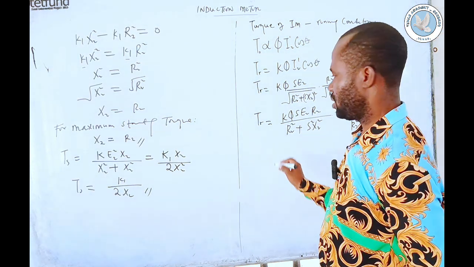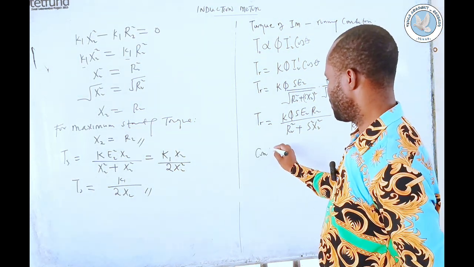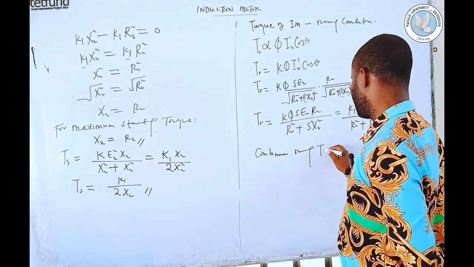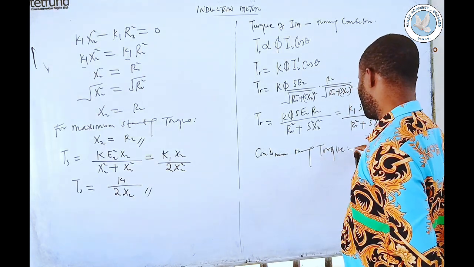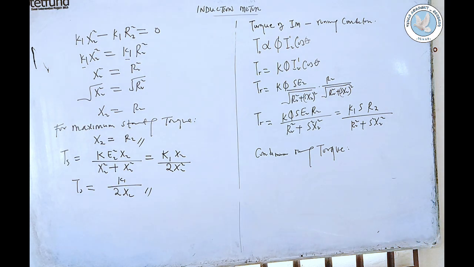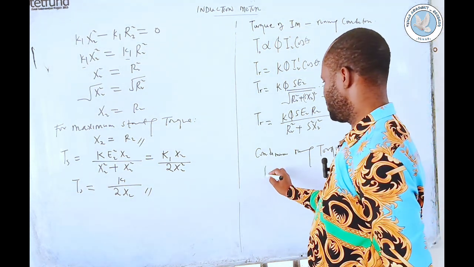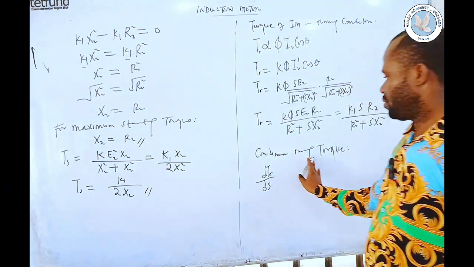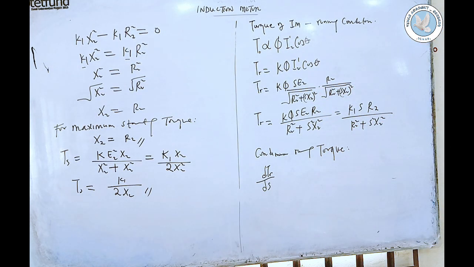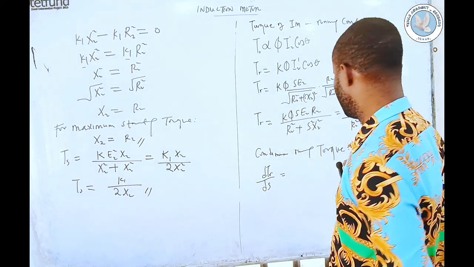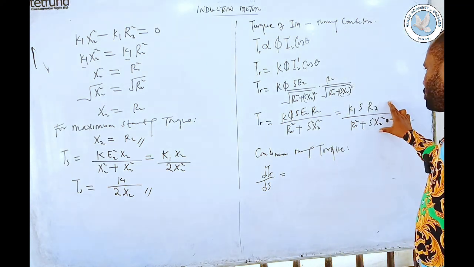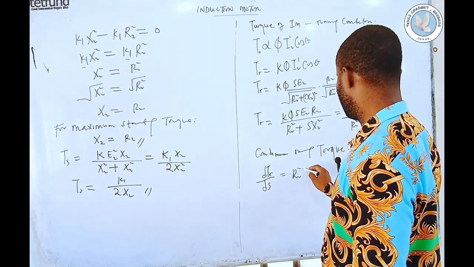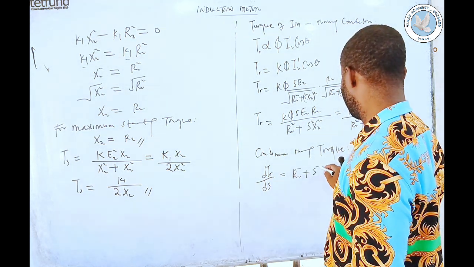So let's look at the condition for maximum running torque. We can achieve that by differentiating this with respect to slip. So we differentiate this one with respect to S. We have the denominator being multiplied.